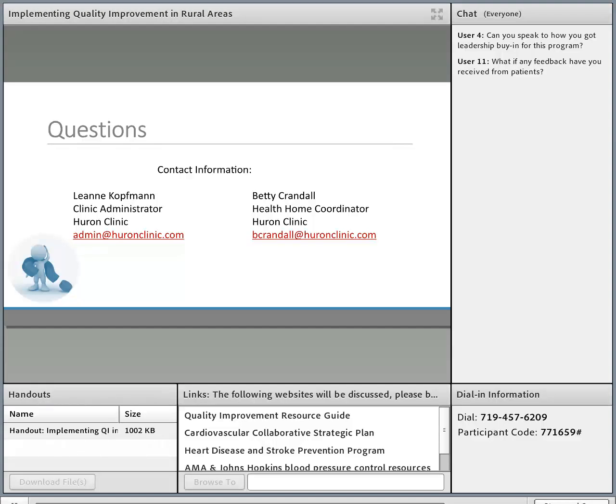So we haven't had a lot of feedback from the patients. One thing, and I'm sure all of you are aware of this, we used to bring our patients in for free blood pressures, so they could walk in any time of the day and do those.